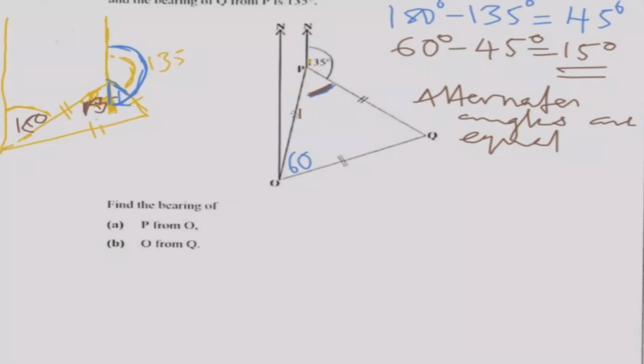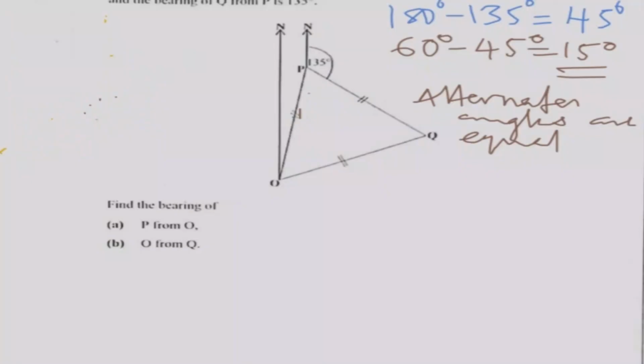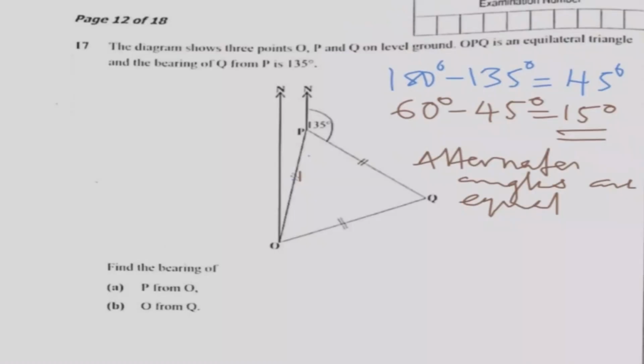Okay, we come to B, which is question B, asking us to find the bearing of O from Q. So what we can do is, let me also remove these. Let me remove these as well.